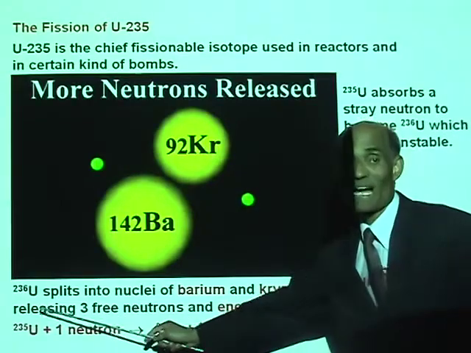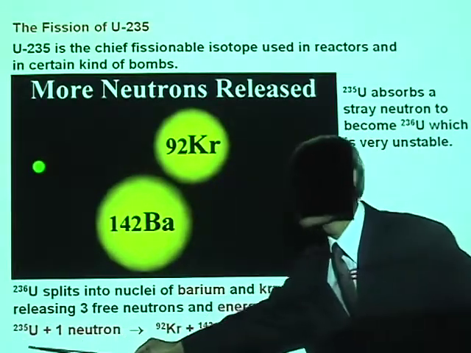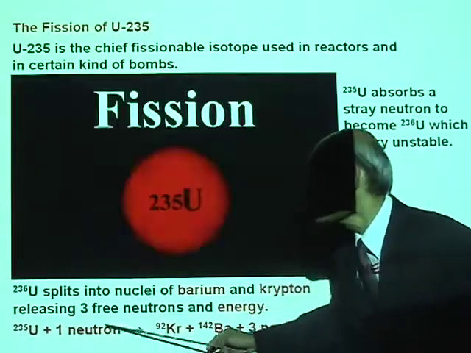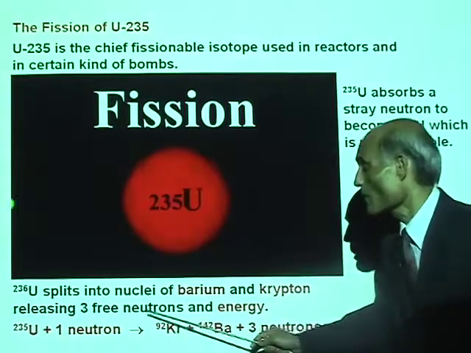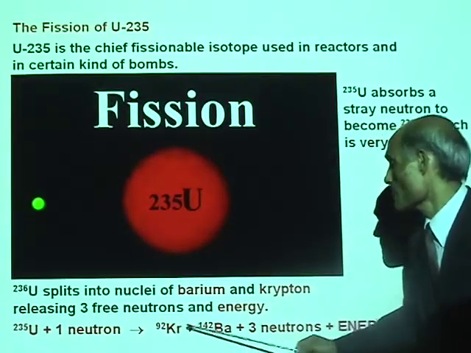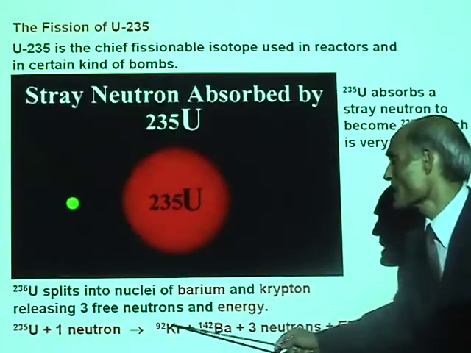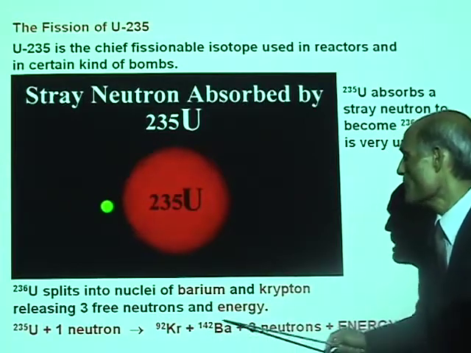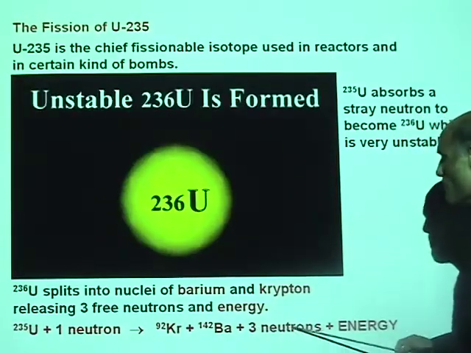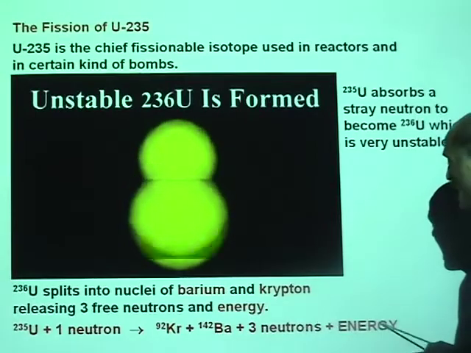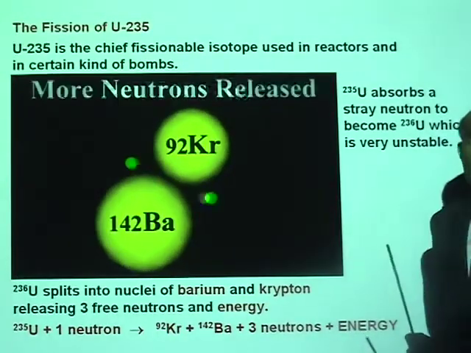So I can write it like this: uranium-235 plus 1 neutron becomes krypton-92 plus barium-142 plus 3 neutrons and a large amount of energy.